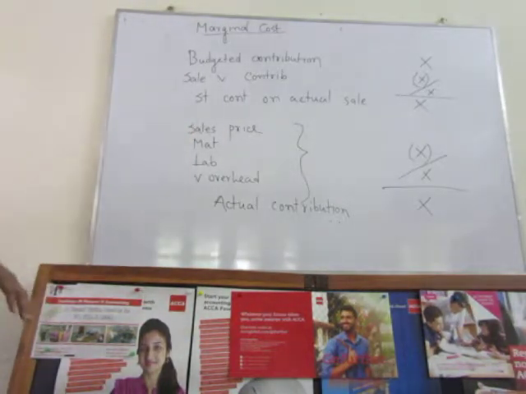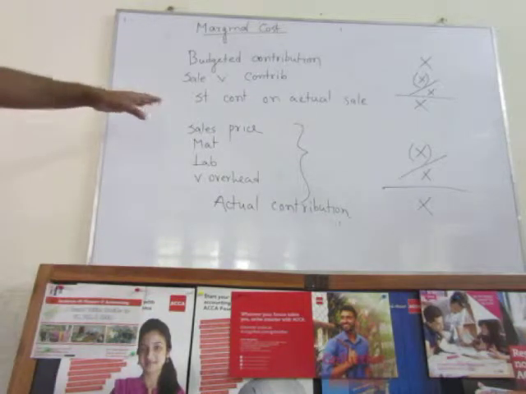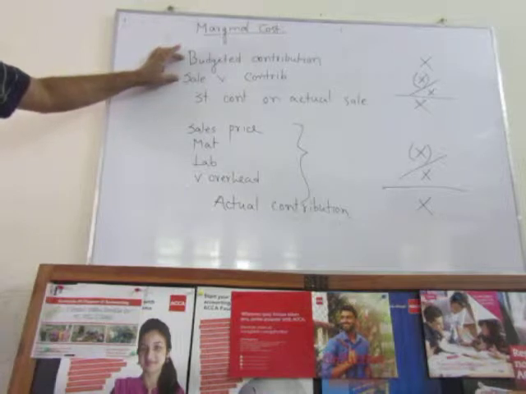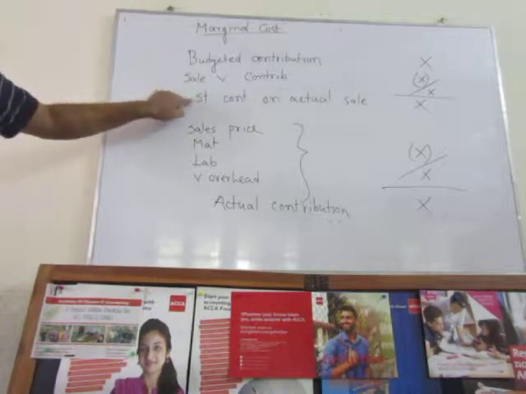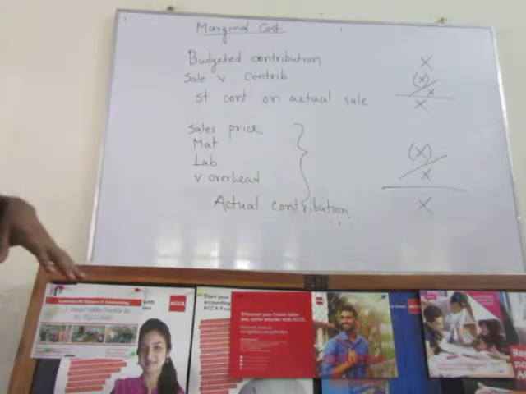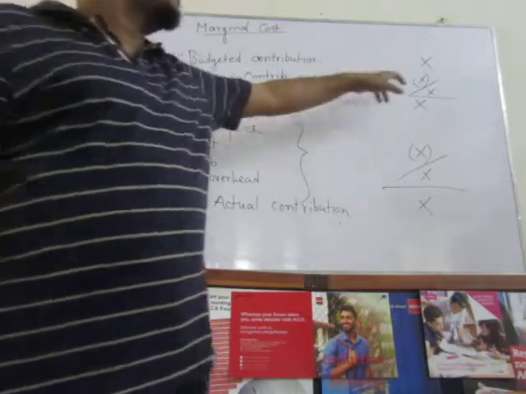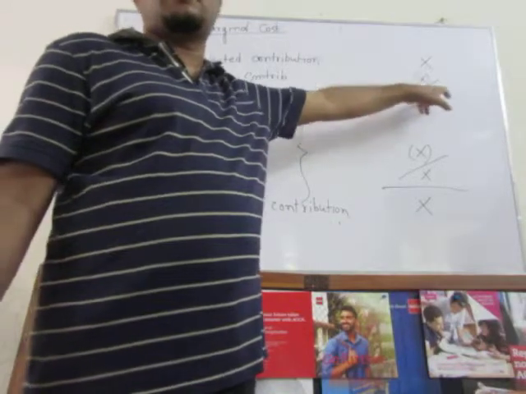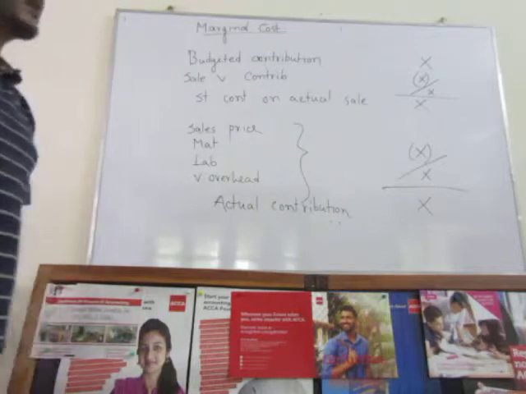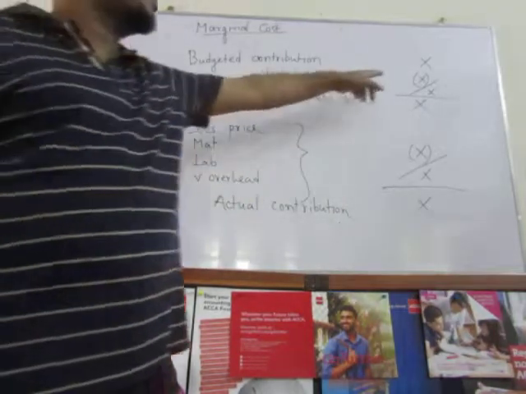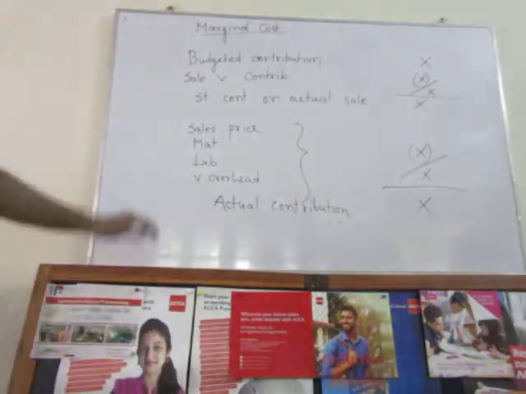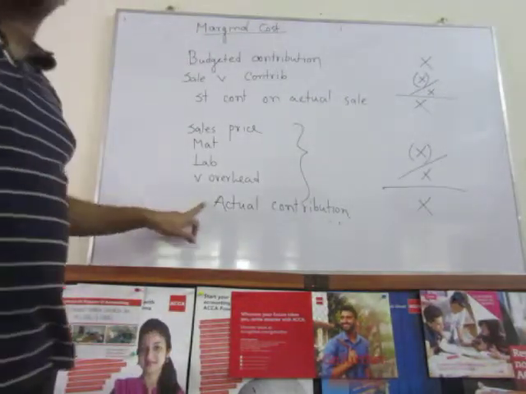When you adjust budget contribution with the sales volume contribution variance, it will provide you a standard contribution on actual sale. এটা সূত্র, প্লাস মাইনাস: if sales volume contribution variance adverse হলে মাইনাস হবে, আর ফেভারেবল হলে প্লাস হবে. Then from this budgeted contribution you can find out the actual contribution.